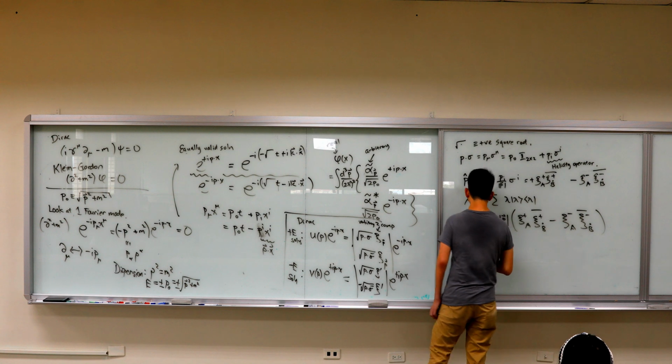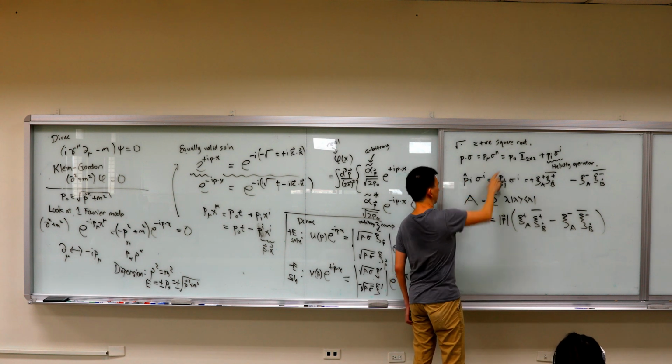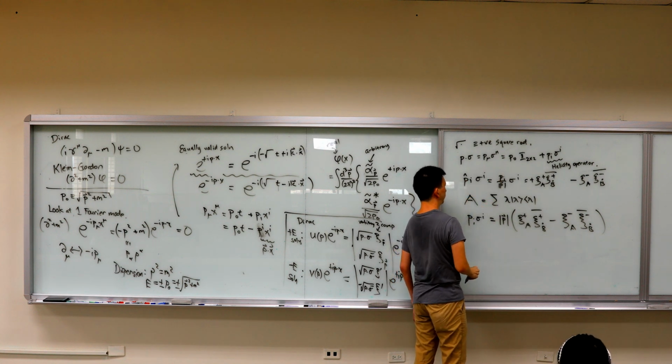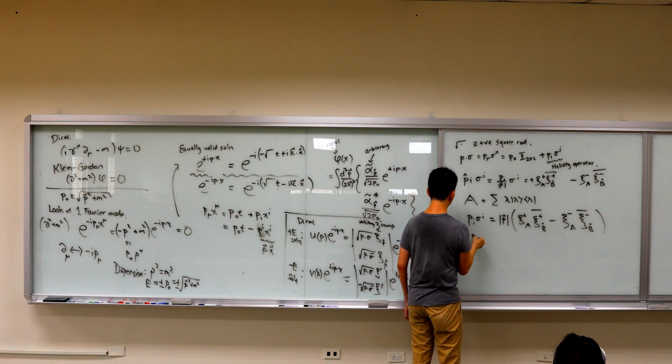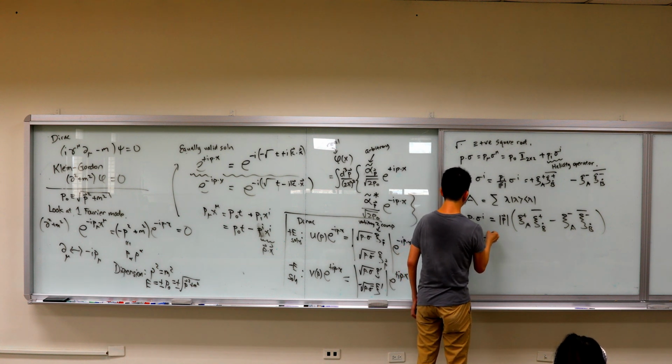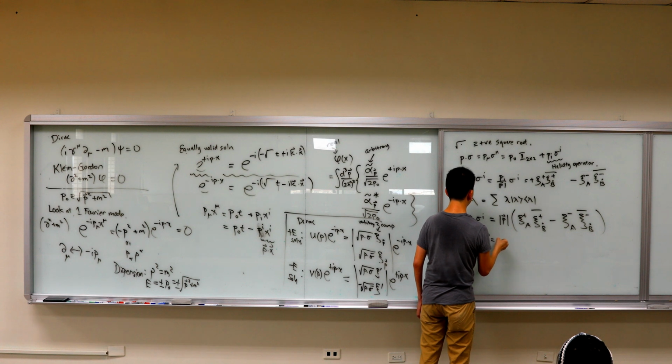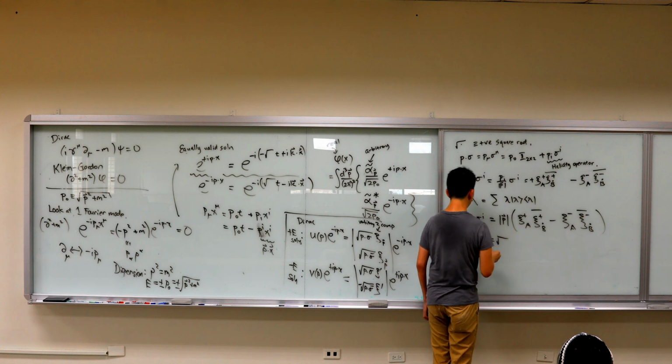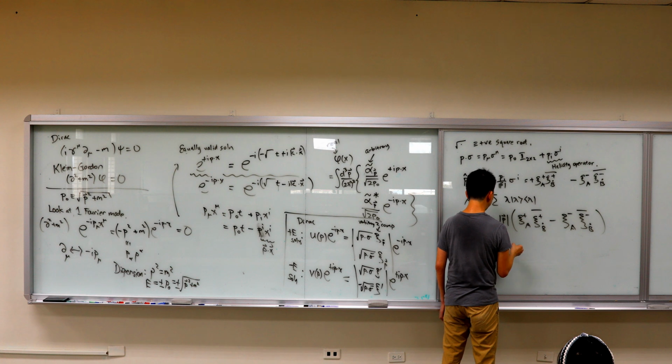Okay? And then p0 sigma 0, well, what is that? p0 sigma 0 is just p0, which is the square root, times the identity.